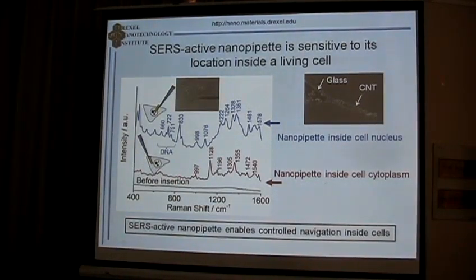And what is important, the field enhancement occurs within 20-40 nanometer distance from the tip. So you actually improve your spatial resolution. You don't get Raman signal from the entire area illuminated by the laser beam. You get Raman signal from a much, much smaller area. And you can, for example, clearly see differences for the cytoplasm and nucleus inside the cell here.